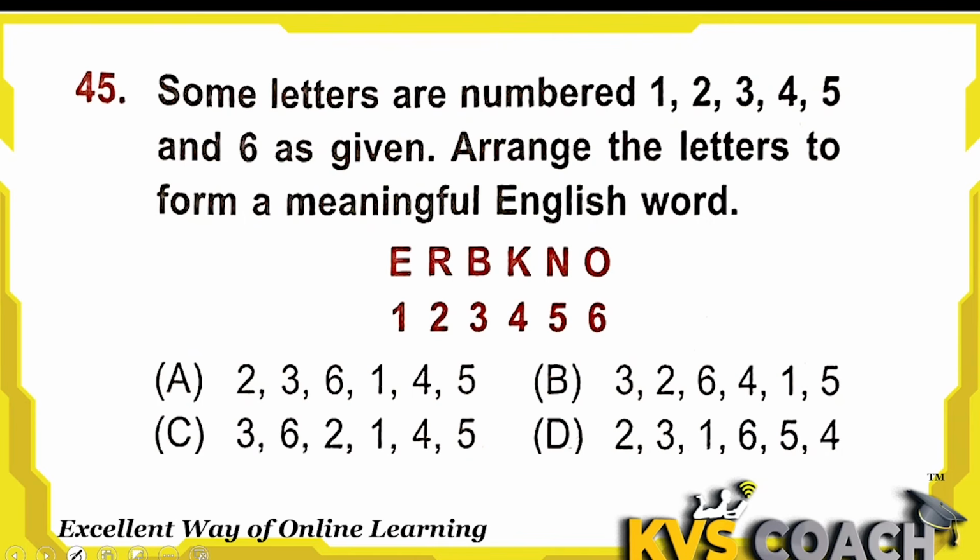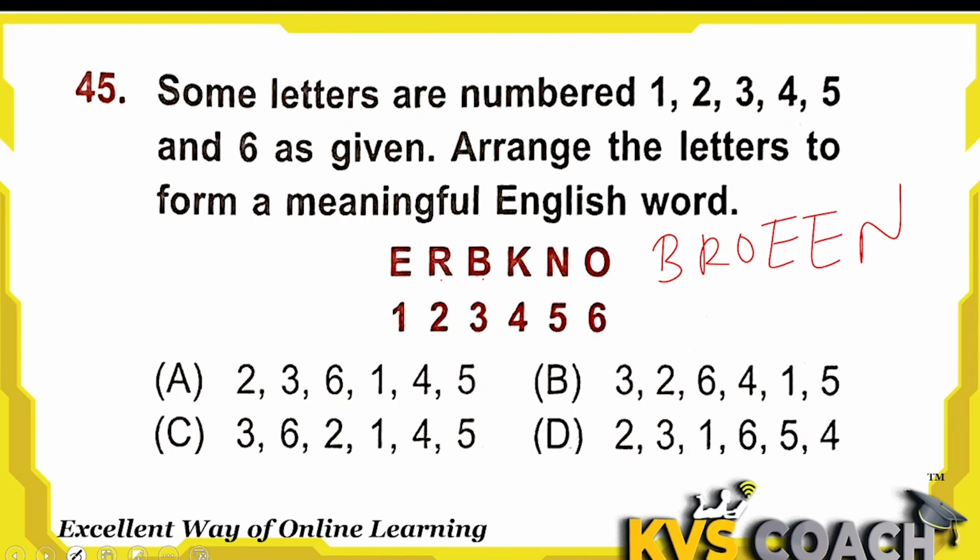Next, some letters are numbered 1, 2, 3, 4, 5, 6 as given. Arrange the letters to form a meaningful English word. For meaningful English words, what can we arrange? Broken, we can make B, R, O, K, E, N from these letters.